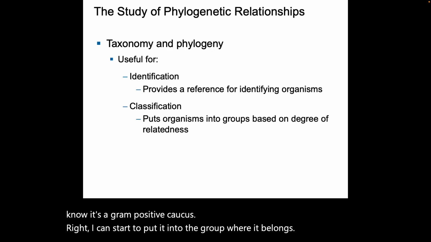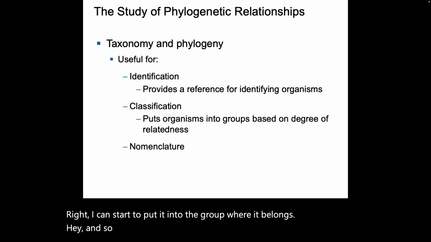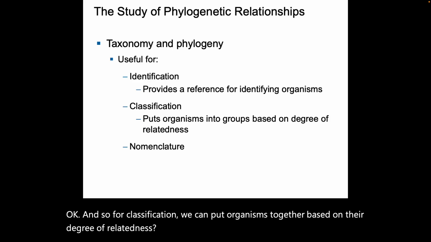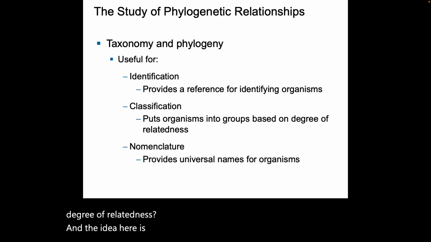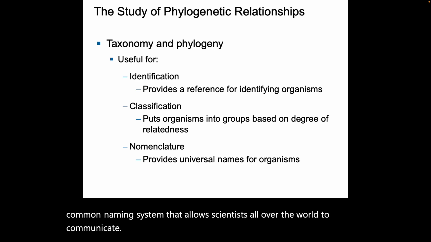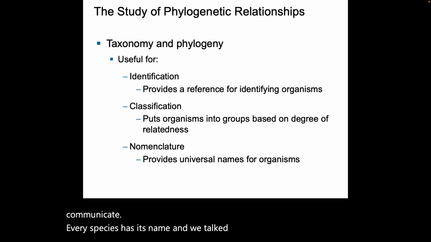Okay, and so for classification, we can put organisms together based on their degree of relatedness. And the idea here is that we have what's called nomenclature. It's the common naming system that allows scientists all over the world to communicate. Every species has its name, and we talked about this earlier in the semester.